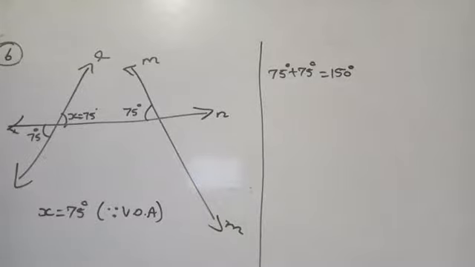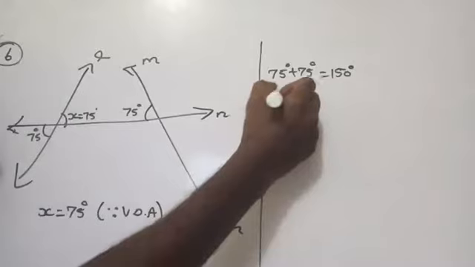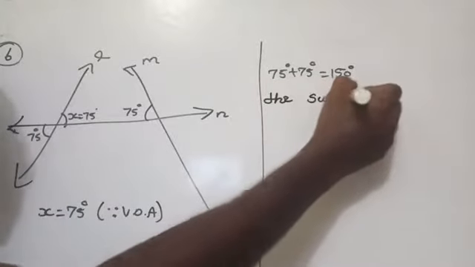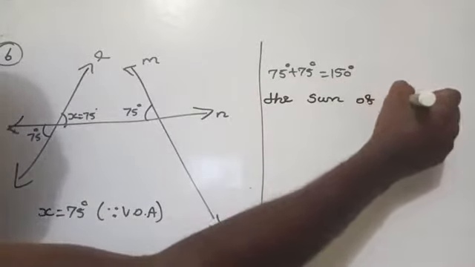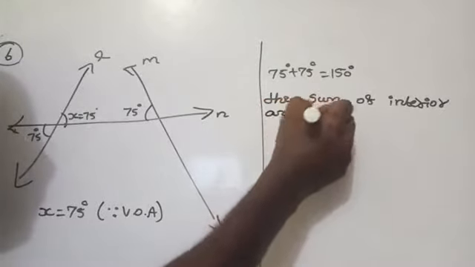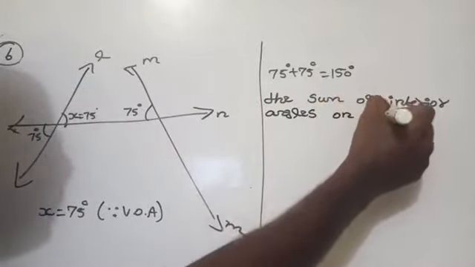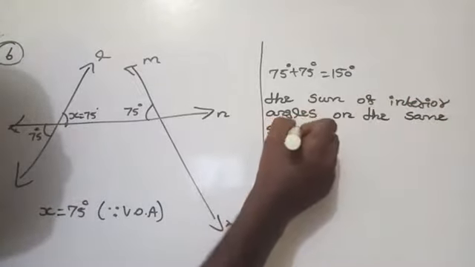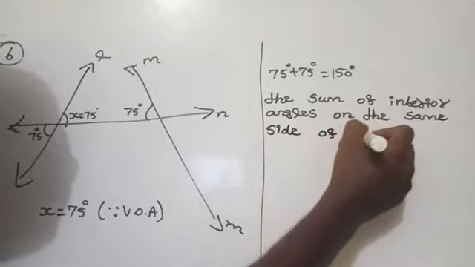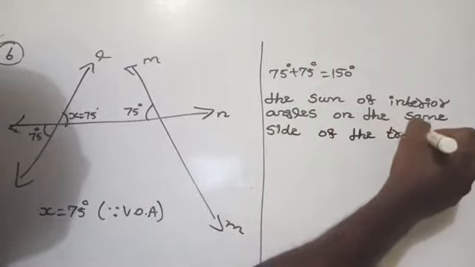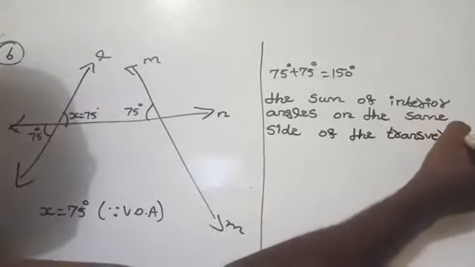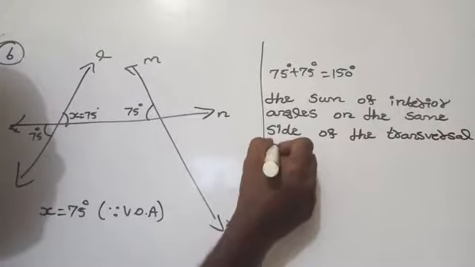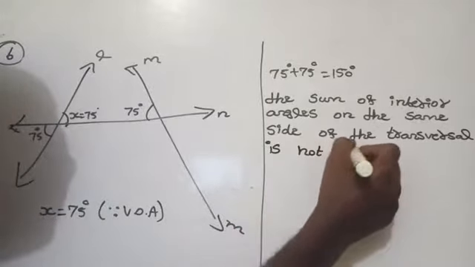The sum of interior angles on the same side of the transversal is not equal to 180 degree.